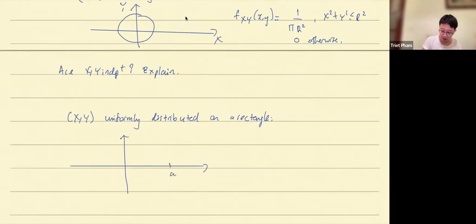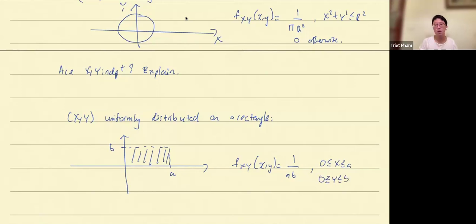So one side is A, one is B, like that. Okay. So the joint is 1 over A times B for 0 less than or equal to x less than or equal to A, like that.